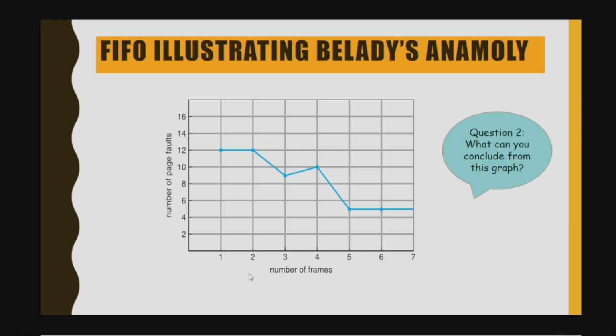When the number of frames is 1, the page faults are 12. With 2 frames, it is also 12. Then with 3 it decreases, and with 4 it increases back. Then when we increase the number further, it decreases and then stays static. So this is illustrated by Belady's anomaly.